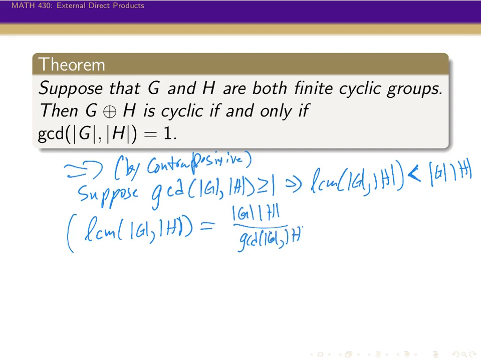And so the greatest common divisor needs to be absolutely bigger than 1.